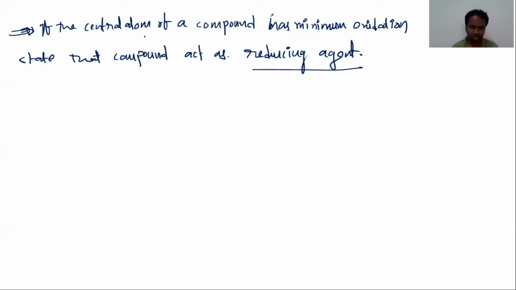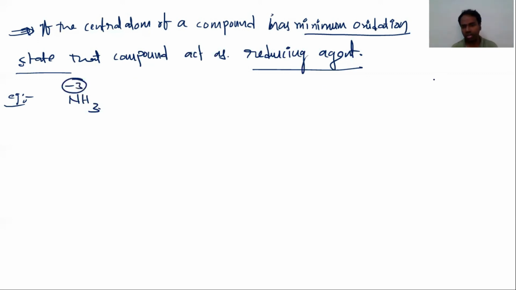If the central atom of a compound has the minimum oxidation state, that compound acts as a reducing agent. Take some examples here. NH3. What is the oxidation state of nitrogen here? -3.